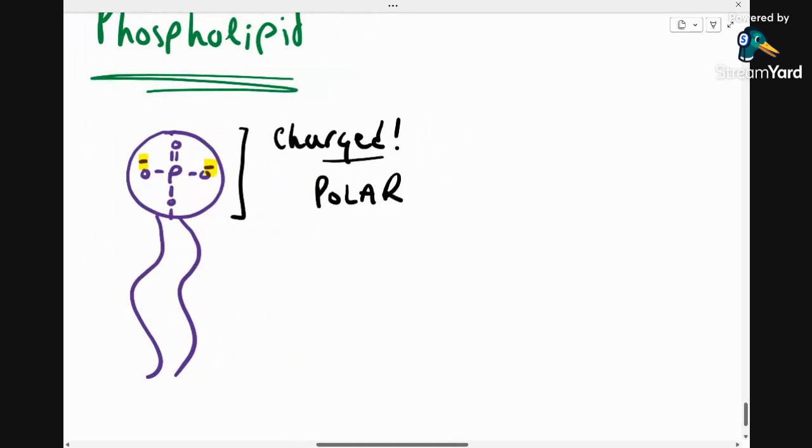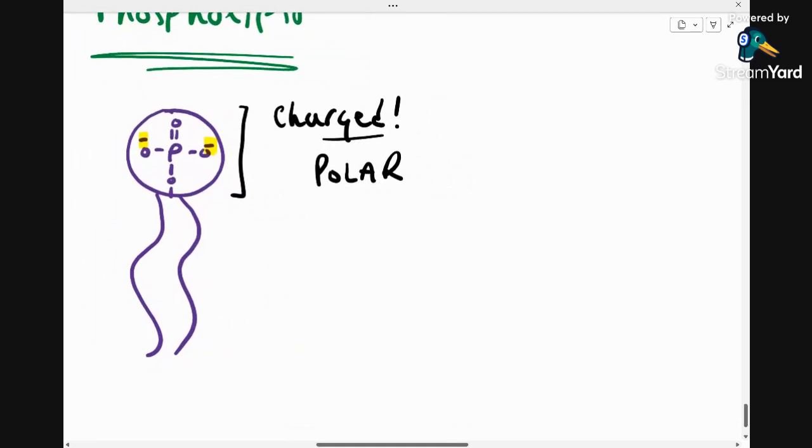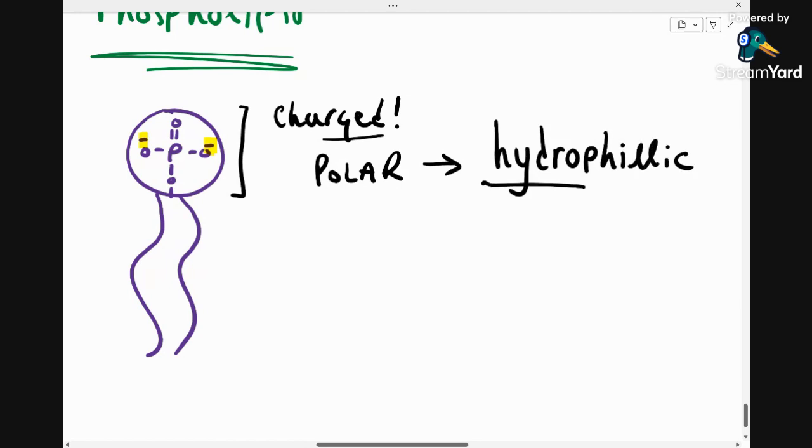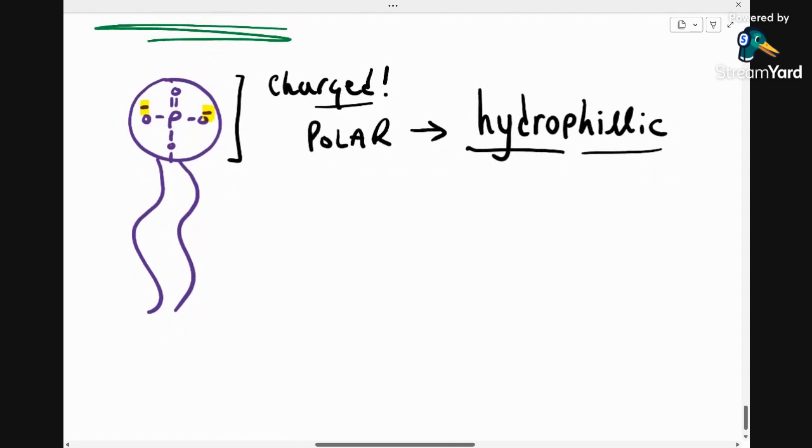And if you are polar, you dissolve in polar things, such as water. So this makes the phosphate head hydrophilic. Okay, water, hydrophilic, phile meaning loving. So it dissolves in water. It's a hydrophilic phosphate head.